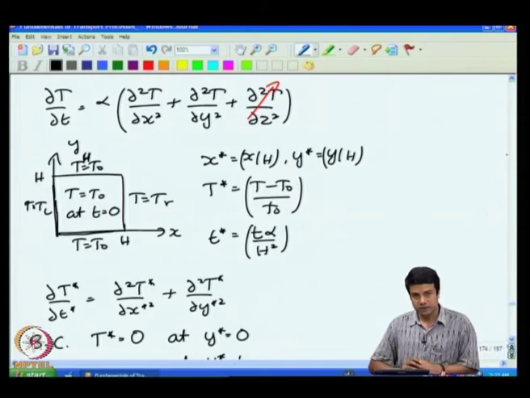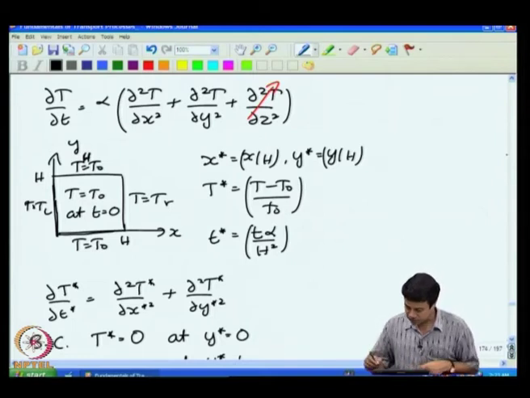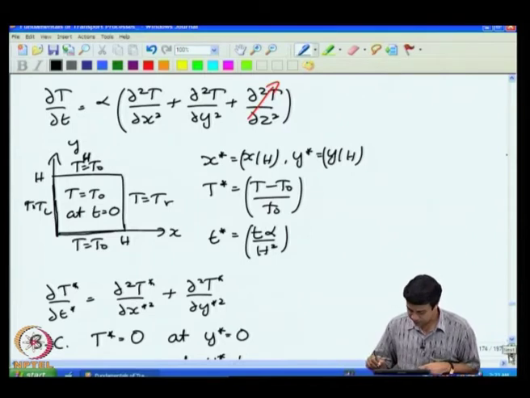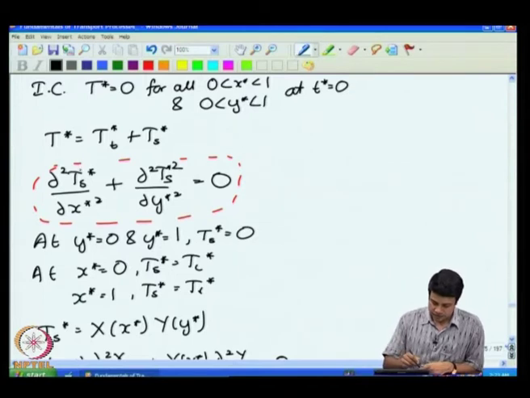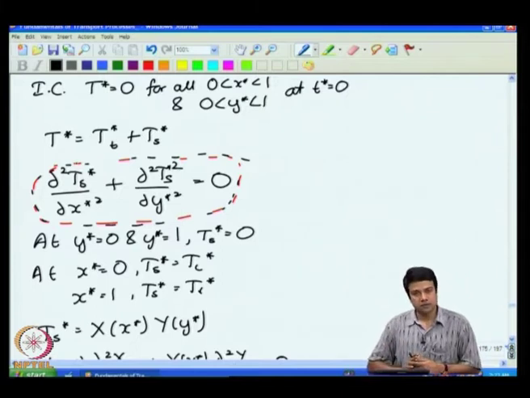And first we had solved the steady state problem, and the solution of the steady state problem was obtained by separation of variables. So, this was the steady state problem, and we had obtained the solution by separation of variables.